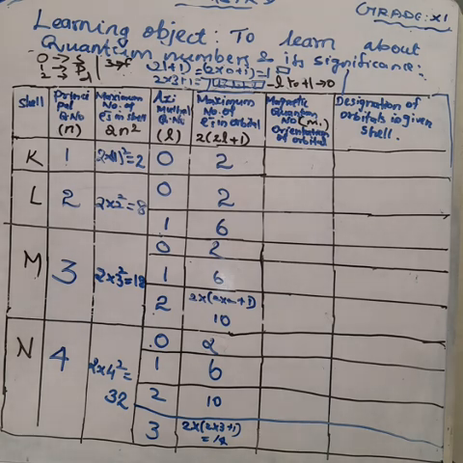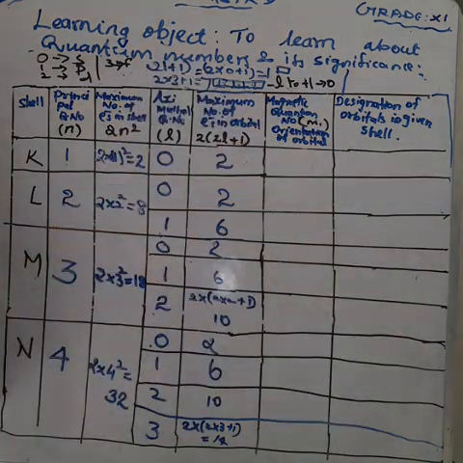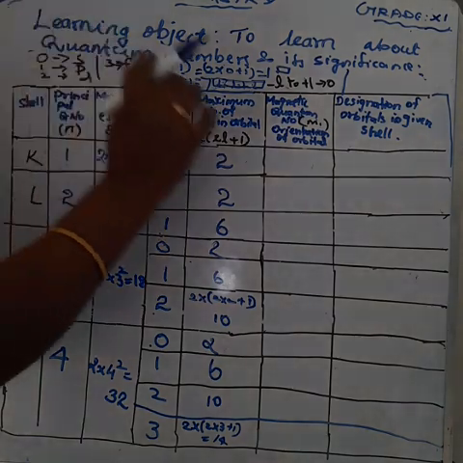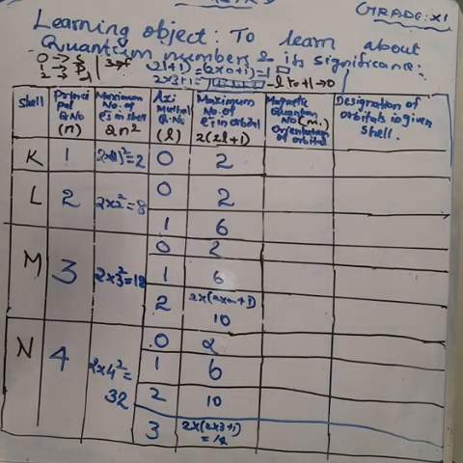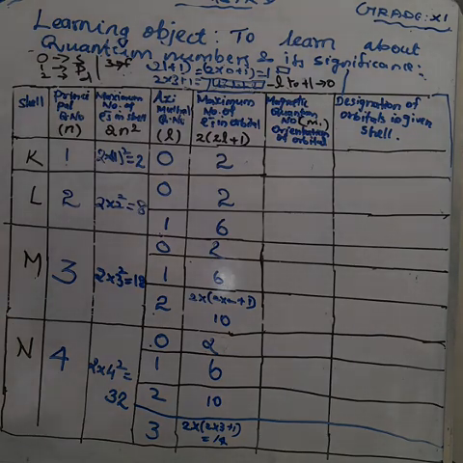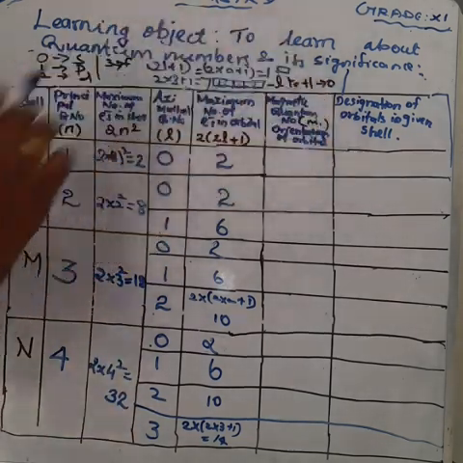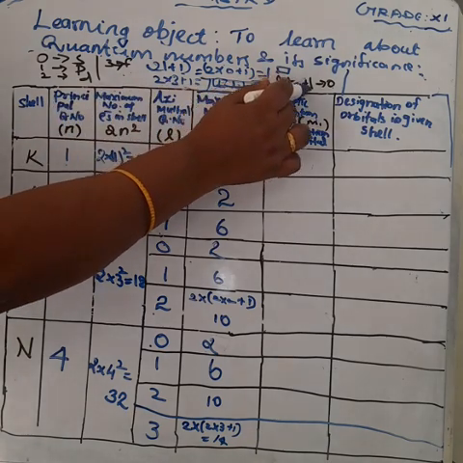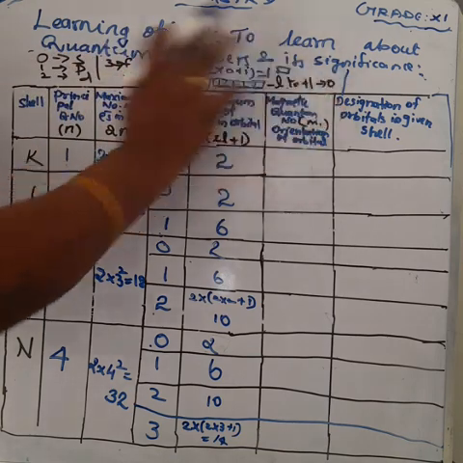Then with the magnetic quantum number, we can study the orientation of orbitals, the different possible orientations of an orbital. Here is how we write the orientation: we start from minus l to plus l through 0.